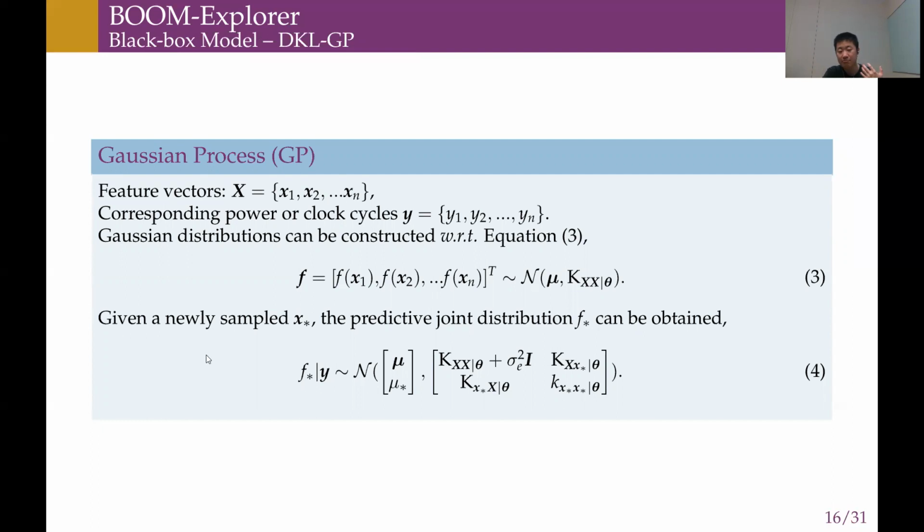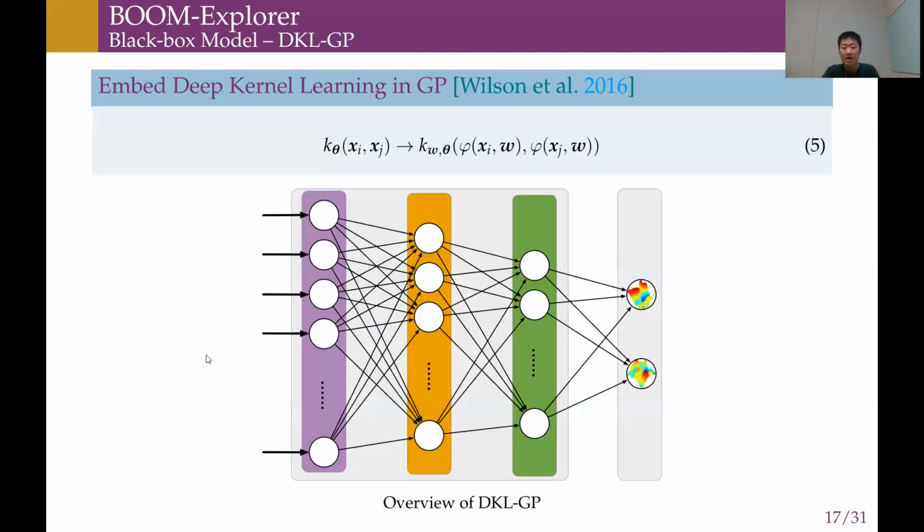And in fact, in the Gaussian process, we are often confronted with the question of what kind of kernel we can choose, and what kind of kernel lets the Gaussian process perform the best. This is a tough question, so we let the neural networks do this workload. So we form deep kernel learning in the Gaussian process. Equation 5 here means that we use neural networks to approximate a suitable kernel, and φ denotes the nonlinear transformations residing in the neural networks.